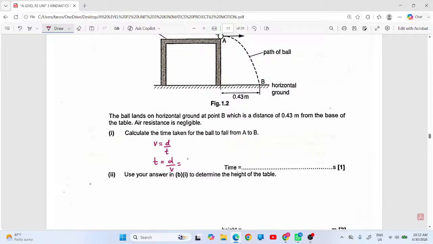Distance is 0.43 and speed is 1.1 meter per second. Answer: 0.39.